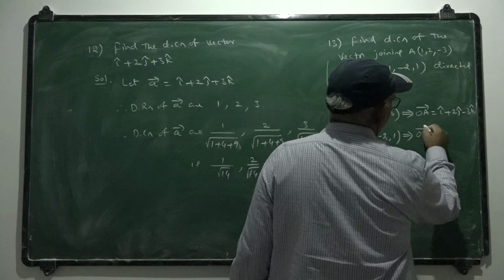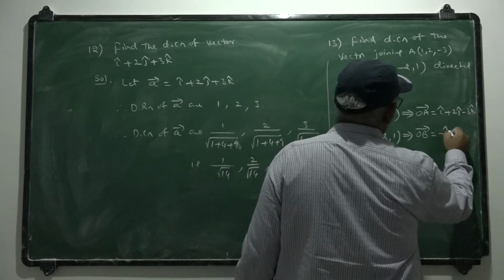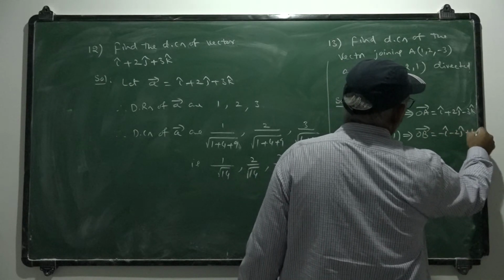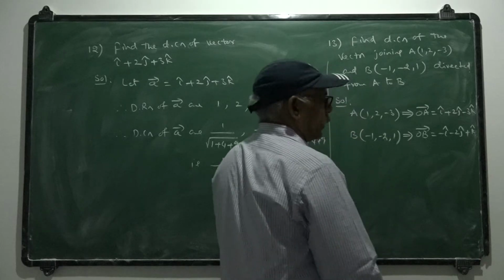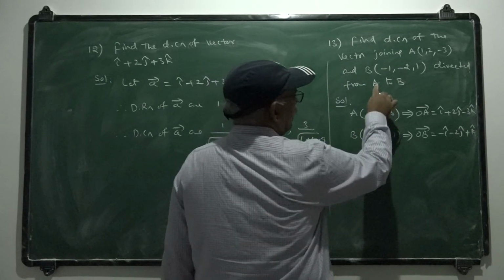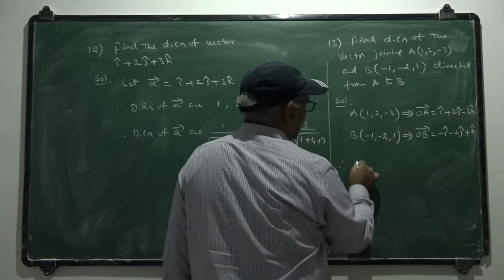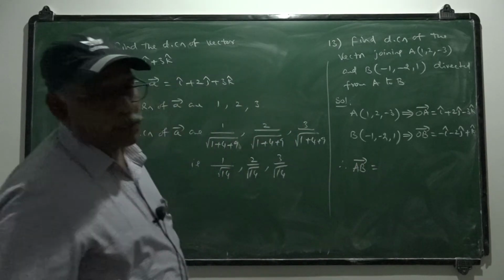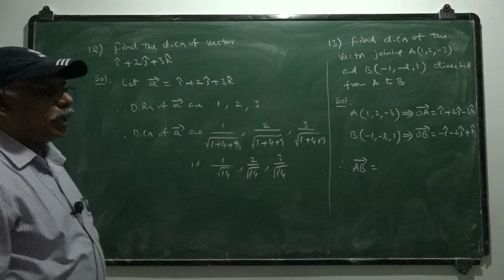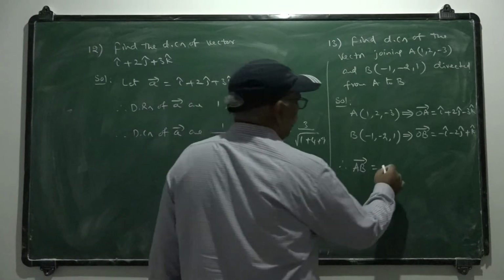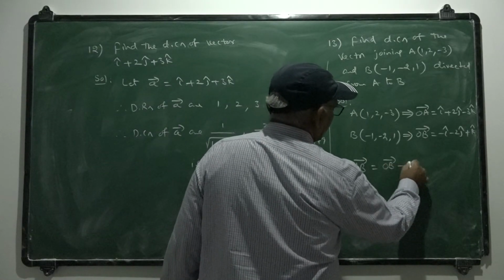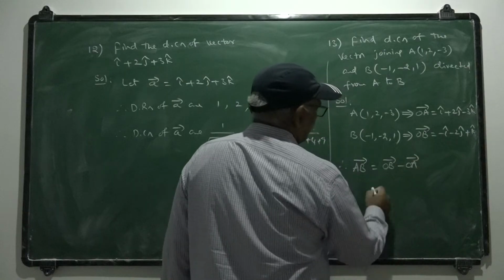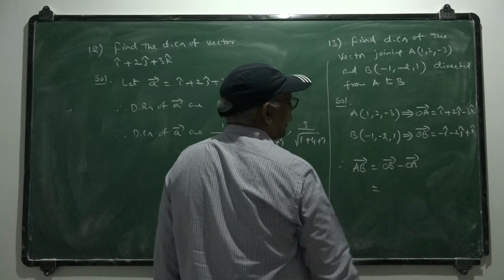Hence, the position vector of the point, OB bar, is minus i minus 2j plus k itself. Since the vector is directed from A to B, find AB bar. AB bar is OB bar minus OA bar, position vector of B minus position vector of A.